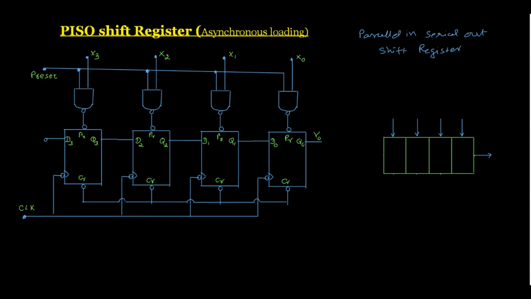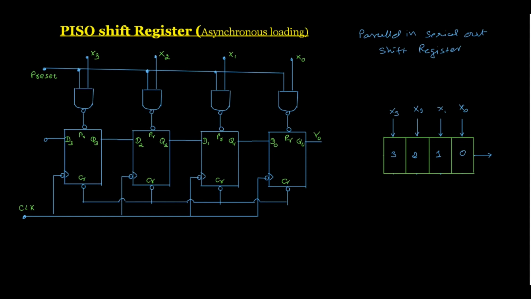So here if you see a basic diagram of this parallel in serial out shift register, we have 4 different flip-flops, so it is a 4-bit shift register. Here we have flip-flop number 0, flip-flop number 1, 2 and 3. The inputs to these flip-flops are x0, x1, x2 and x3.